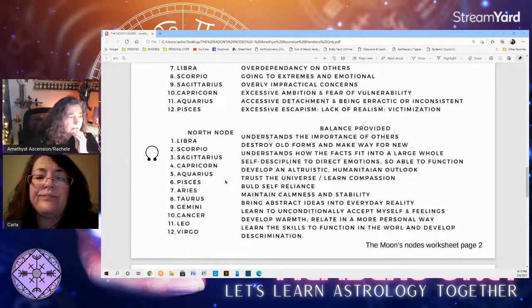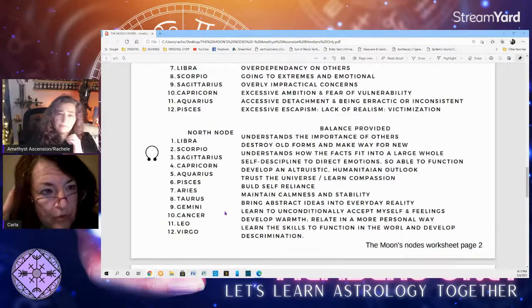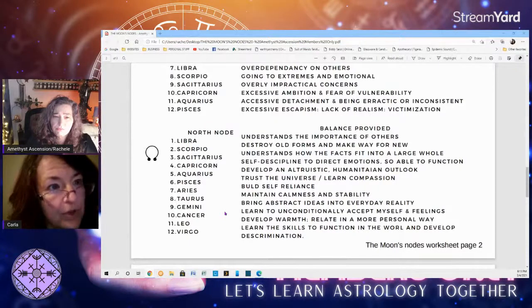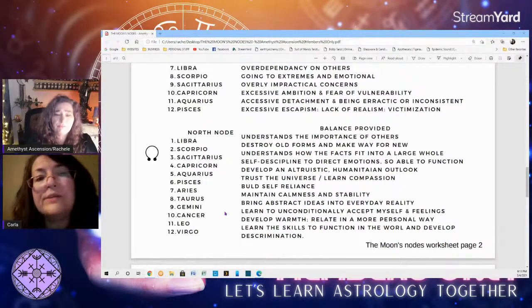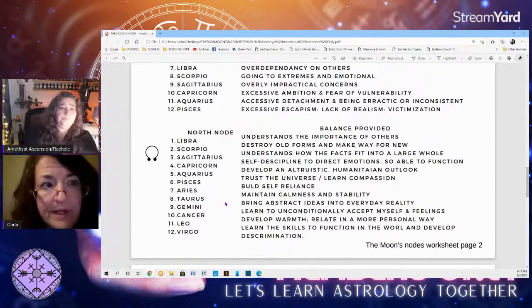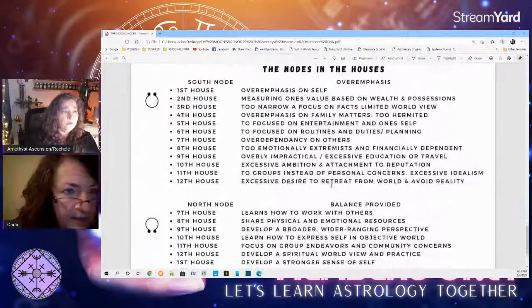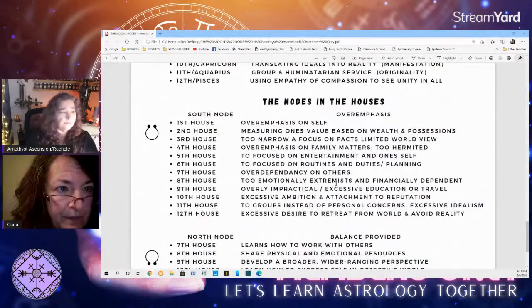My North Node is Pisces and it's in the 7th house. So that puts my South Node in the 1st house, even though that's Aries. Virgo resides in my 1st house. Does that mean anything? So if we go to the houses, this is the last sheet.